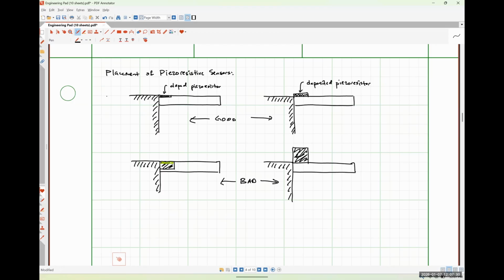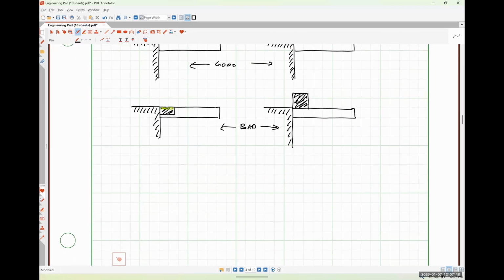Okay, so now let's talk very briefly, and this will be the last thing that we're going to talk about today, temperature sensitivity, right? So the piezo-resistive coefficients are temperature-dependent quantities.